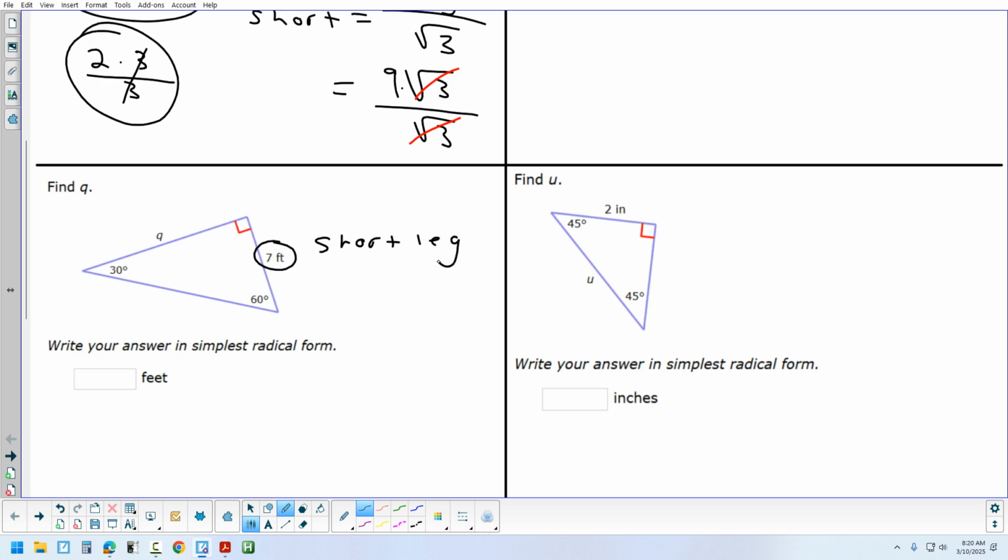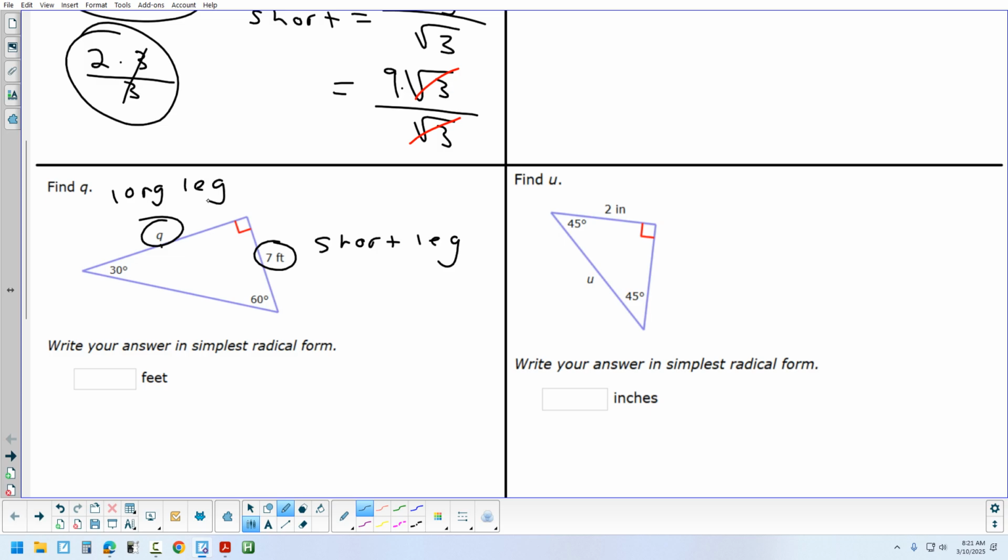Okay, so identify the one that you know. Now, identify the one you don't know. The side that's Q. Is that the long leg or the hypotenuse? Yeah, long leg. That's the long leg because it's across from the 60. Across from the 60 is always the long leg.